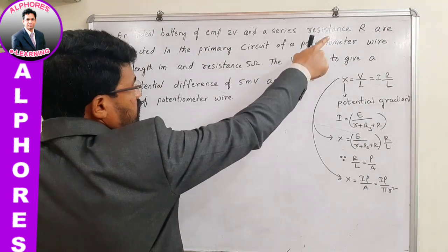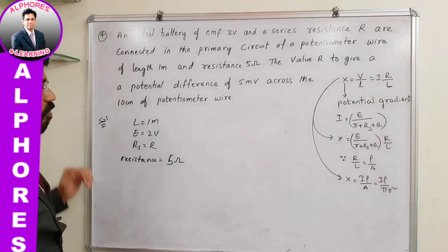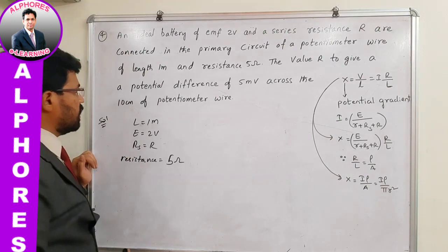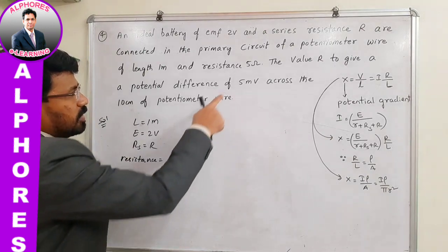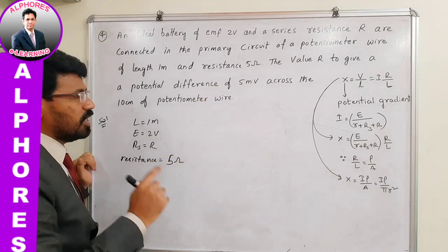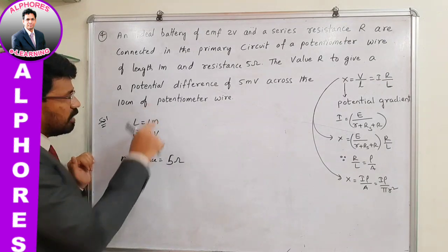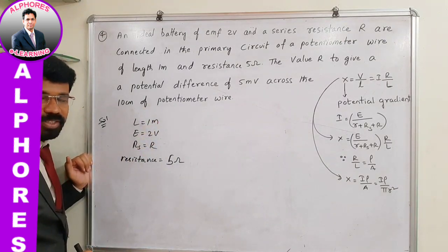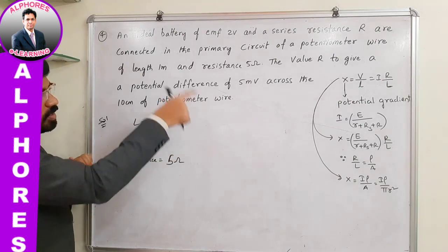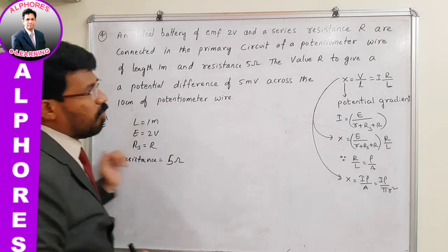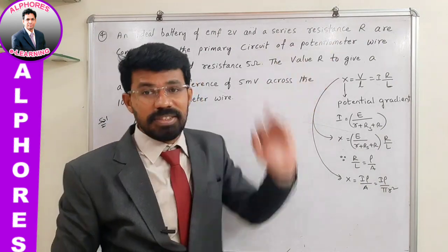The series resistance R, to give a potential difference of 5 millivolts across 10 centimeters of potentiometer wire. So indirectly, he is asking for a specific potential gradient: 5 millivolts of potential difference across a 10 centimeter length of potentiometer wire. So to have this much potential gradient, what should be the value of capital R? Here capital R is the series resistance.